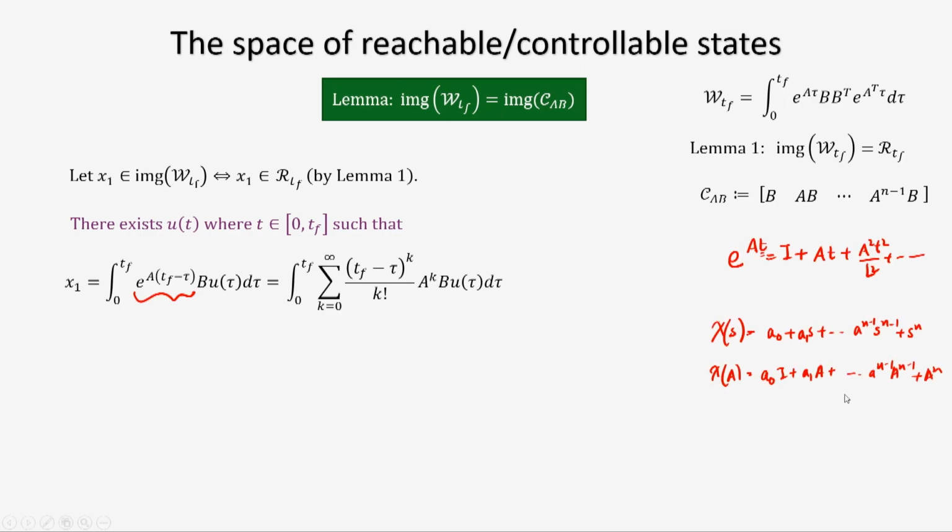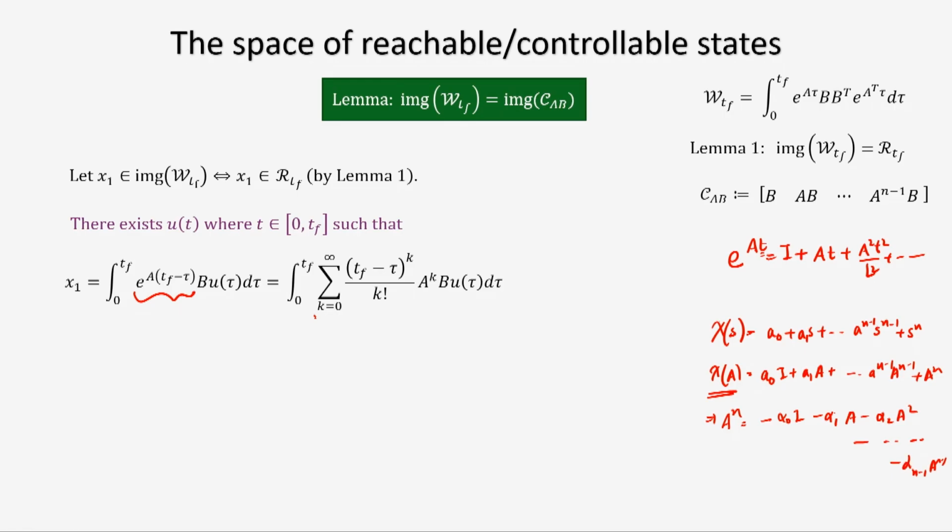So, on the left hand side this will become 0 due to the Cayley-Hamilton theorem. So, now I can write A to the power of n as some combination of I, A, A square and dot dot dot up to A to the power of n minus 1.